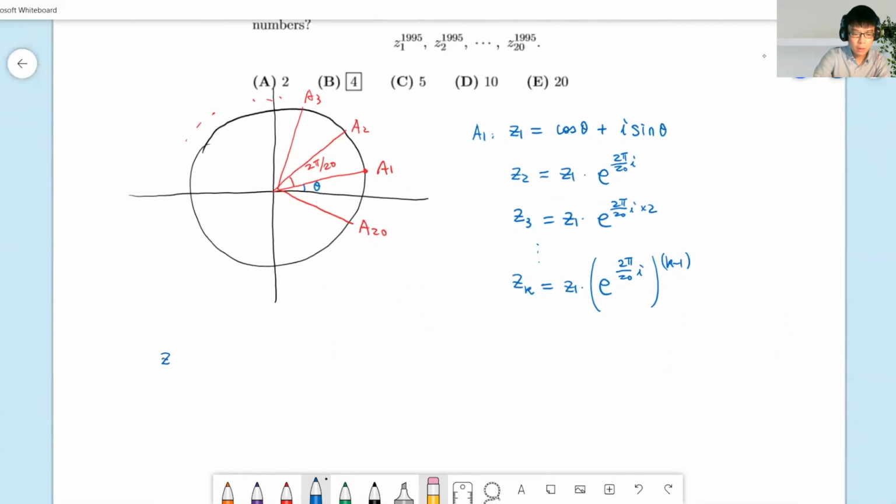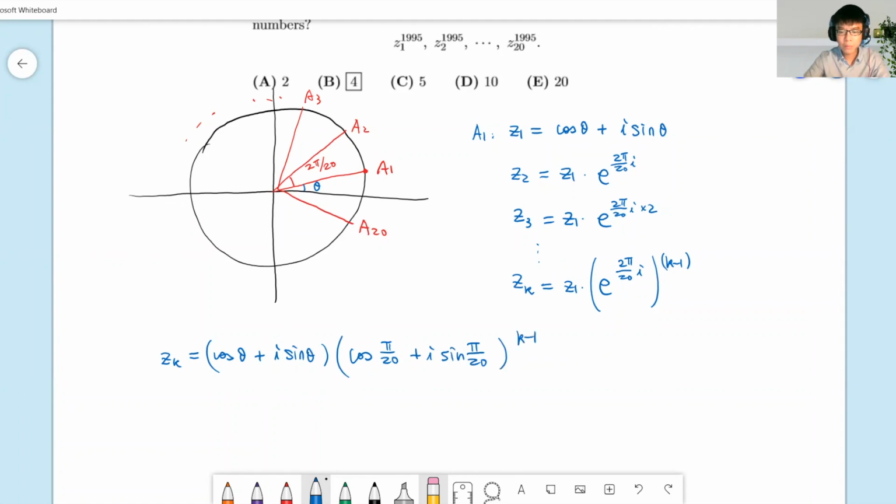Right, let's write down the expression. Zk is basically cosine theta plus i sine theta, times the other part, which is cosine pi over 20 plus i sine pi over 20, with power k minus 1.